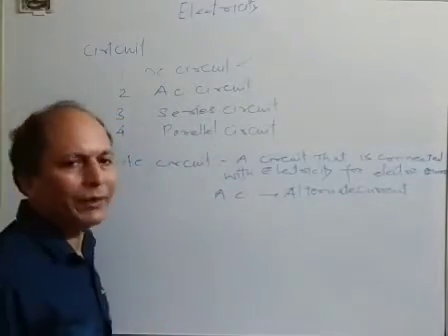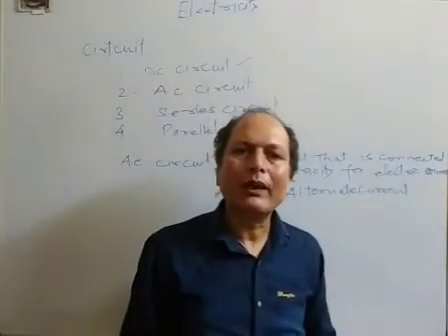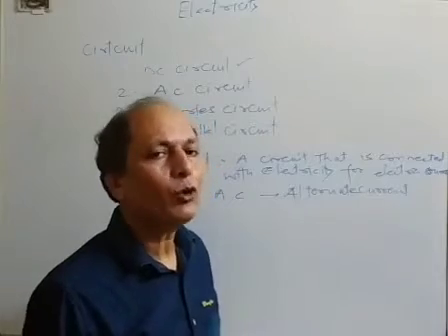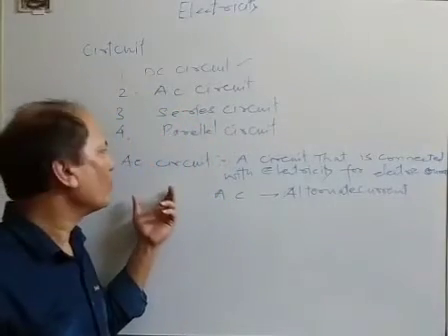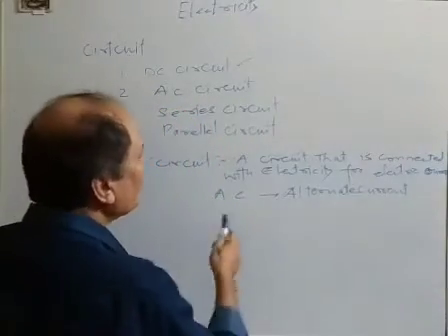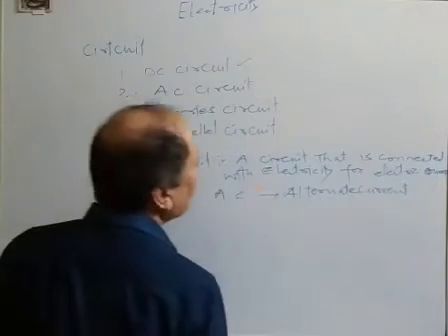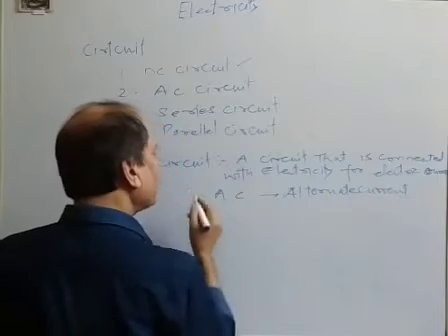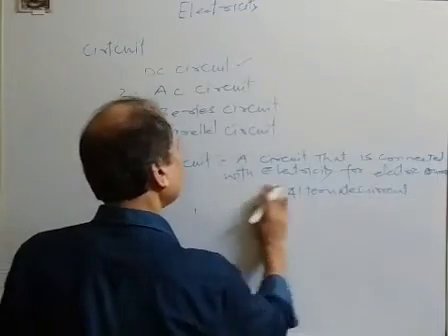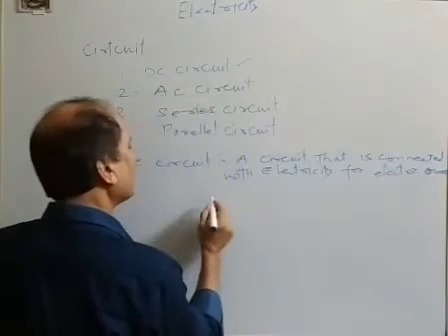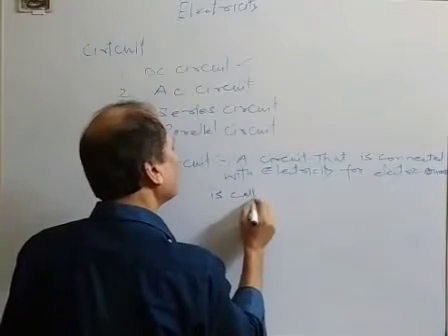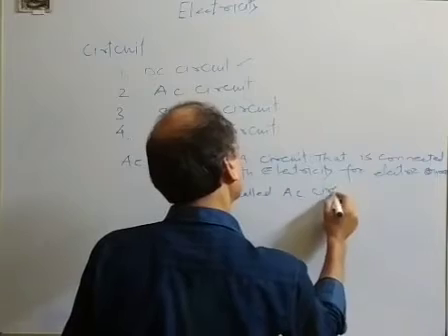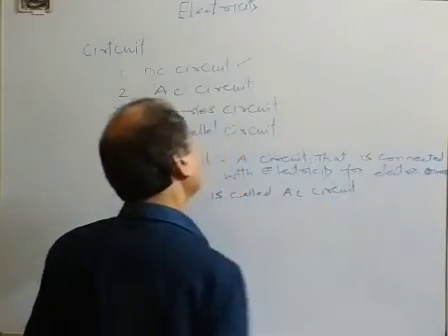Just like your fridge, TV, cooler, these all are connected into sockets of electricity that takes place in your home. So such types of circuits are known as the AC circuits. So be ready. A circuit that is connected with electricity for electric source is called AC circuit.